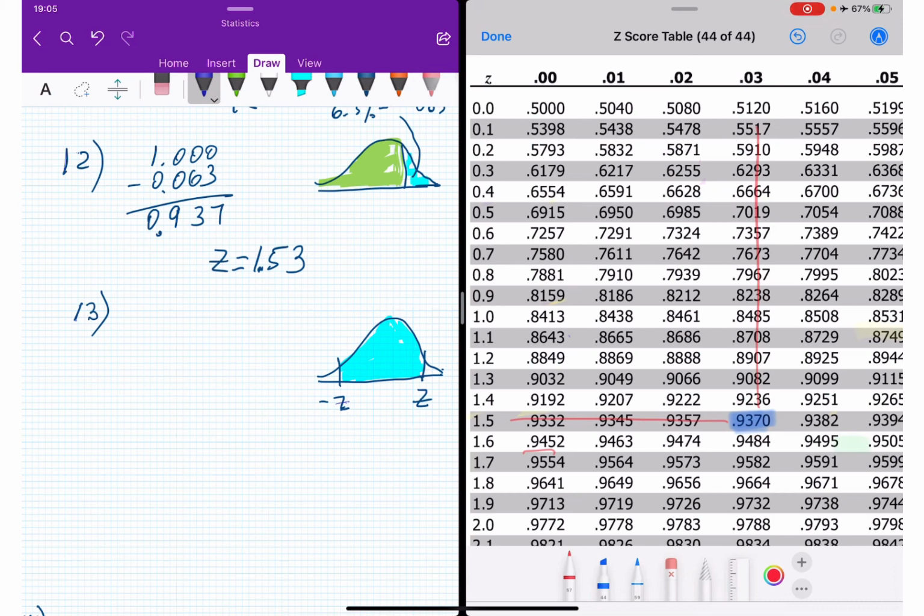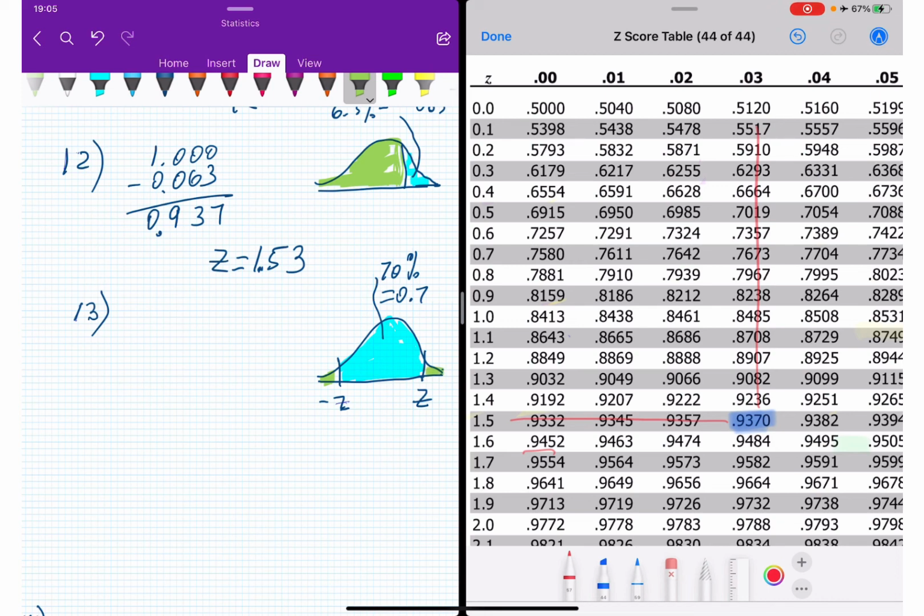How are we going to solve this one? So if this is 70%, which is equal to 0.7, how much will be left for these two areas, for this one and this one?